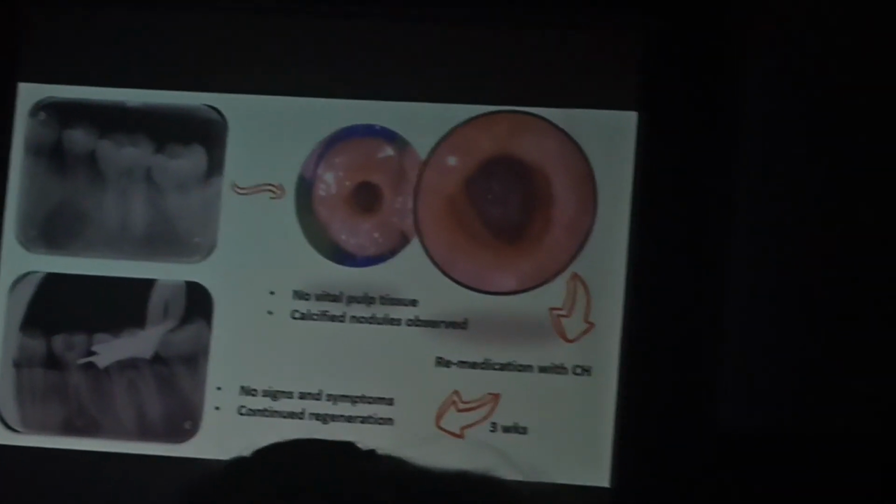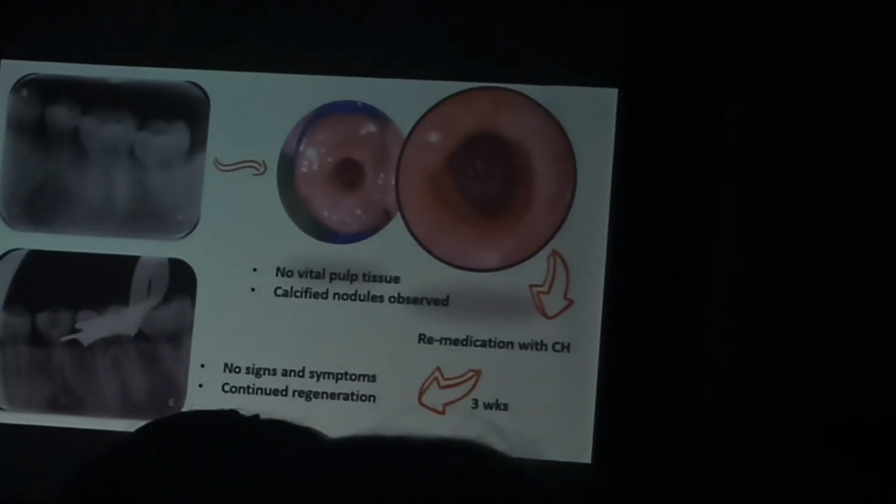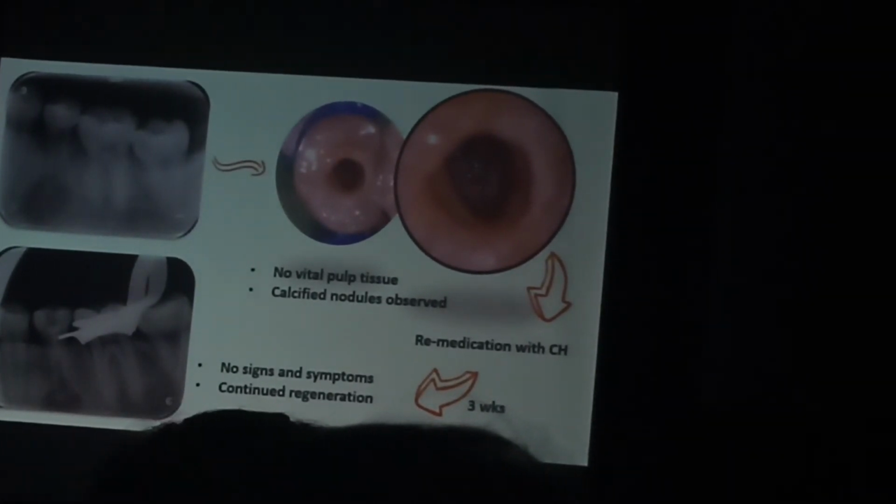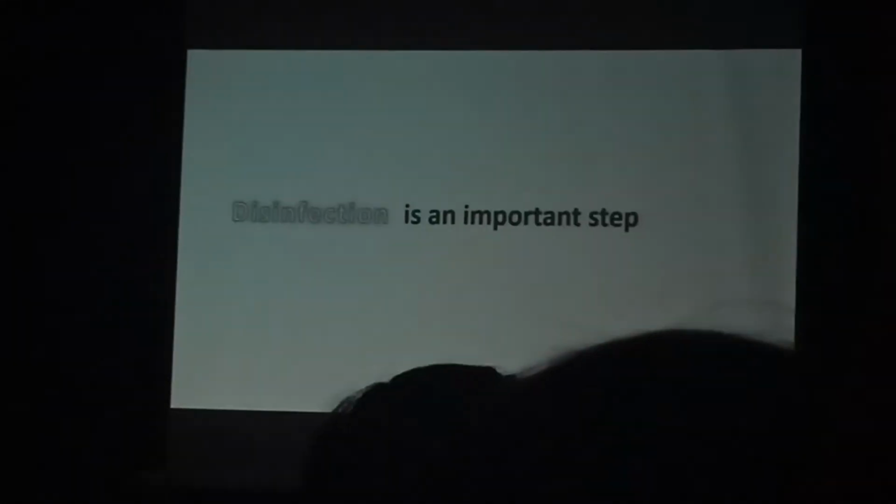After 3 weeks, at follow-up, there were no signs and symptoms, and we continued the regenerative endodontics. From this case, it reminds us that disinfection is an important step. So if you are not sure that the tooth itself is clean, you had better disinfect it perfectly before doing the regenerative step.